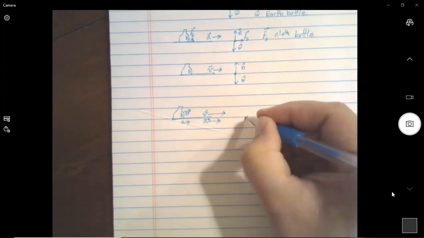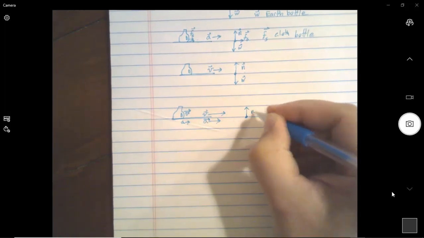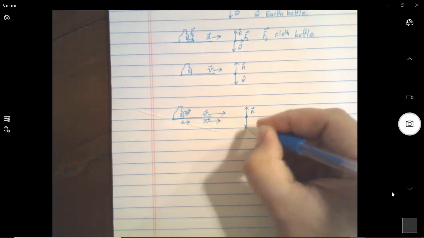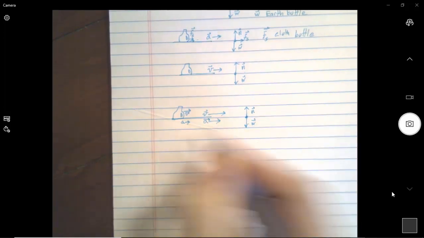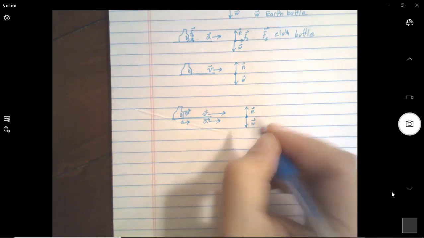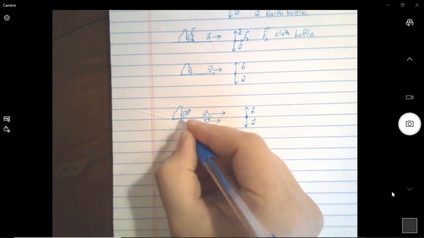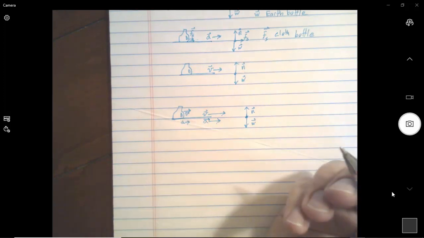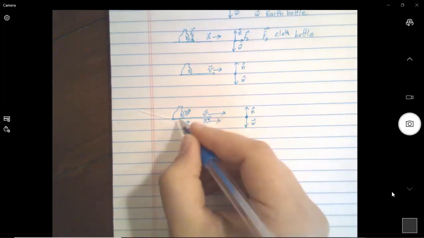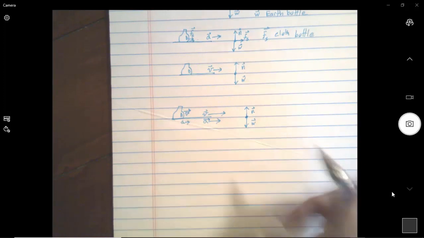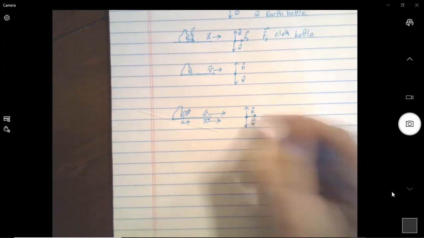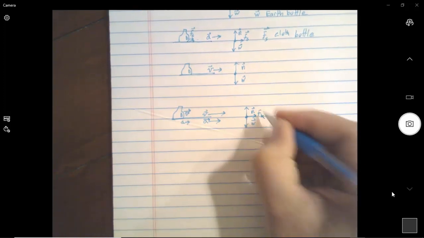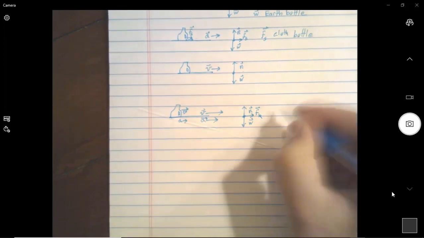So if we draw a real quick free body diagram, we still have our normal and our weight of the bottle. But since the cloth is dragging against the bottom of the bottle, there is a friction force. But now there's a sliding motion between the cloth and the bottle. So we do have kinetic friction this time.